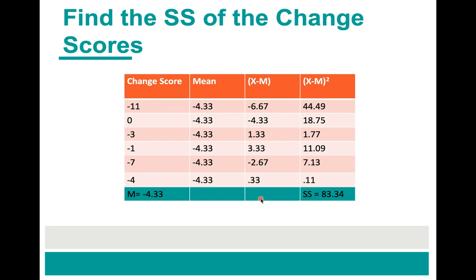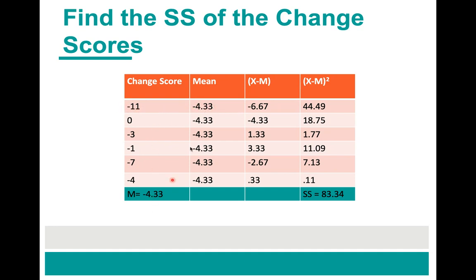So we do our sum of squares table again. We take each individual change score. Remember, we're working with the change scores, not the raw data anymore. We take the mean of these change scores, and then we take X, which is our individual scores, minus this mean. So negative 11 minus negative 4.33. Be careful because the signs matter.